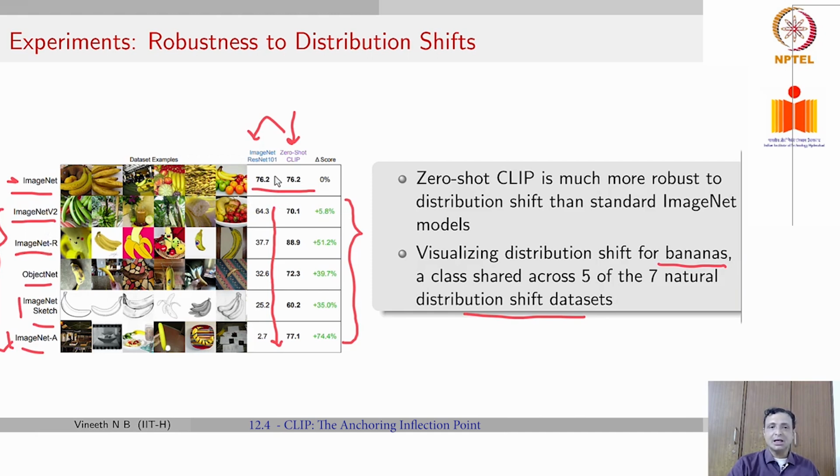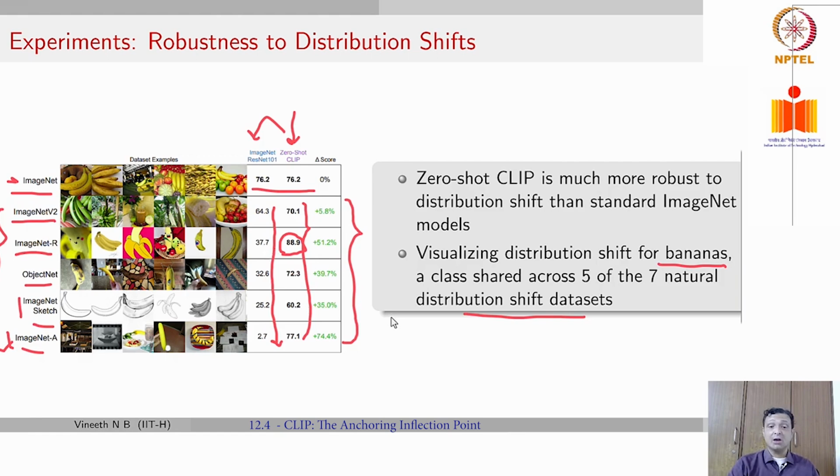And you see that the ResNet 101 model's accuracy keeps dropping as we go to higher and higher distribution shifts. But now you see that the zero shot CLIP model pretty much maintains its performance across all of these cases. In fact, in some cases having significant improvements over the base ResNet 101 model.